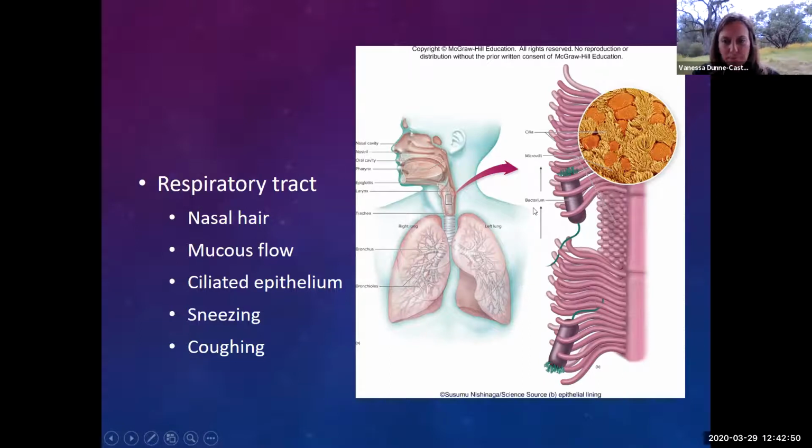And as soon as they're trapped in the mucus, the cilia move in a unidirectional fashion to push things upwards from our trachea up to the back of our throat, where we can either spit them out or swallow them down. This is called the ciliary escalator, where things are continuously moved in one direction from our upper respiratory tract up to the back of our throat, where they can be eliminated.